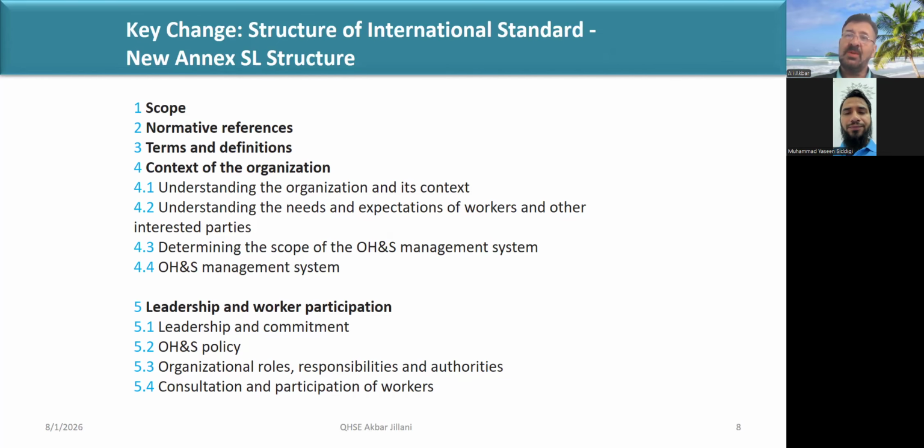Now the objective will be in 6.2. So all the ISO standards that are auditable will have the objectives and targets in 6.2. Clear, please? Yes, sir. That's why they made the Annex SL structure, to merge the systems in a similar way and make an integrated management system.